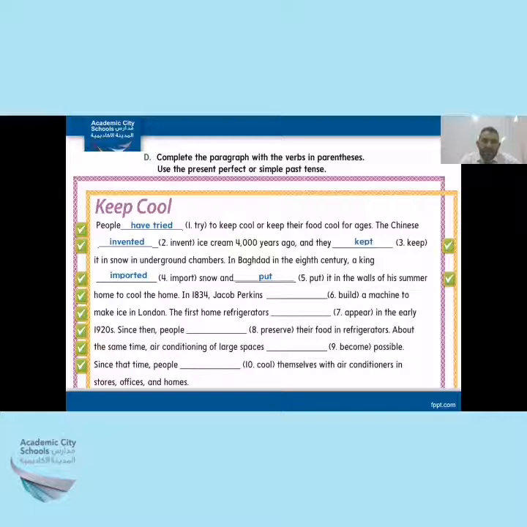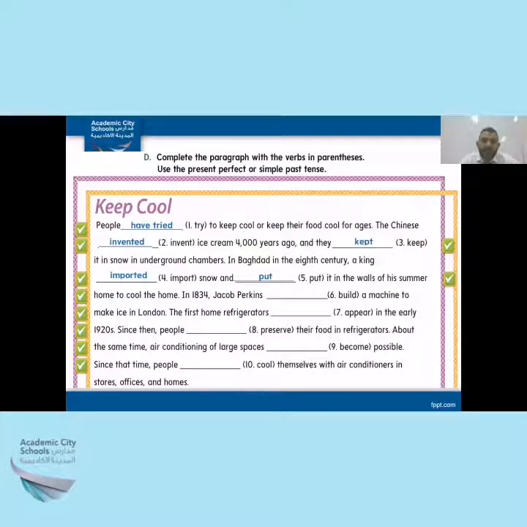Number 6, in 1834, Jacob Perkins space a machine to make ice in London. Here also we have a past time or past date. So we use the past simple of build, the verb 2 of build.